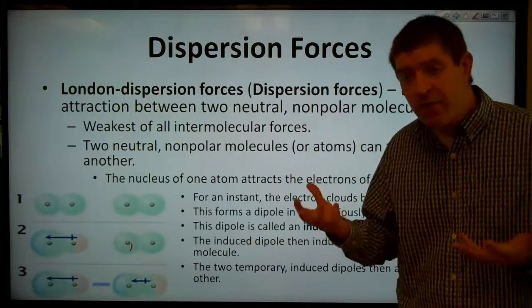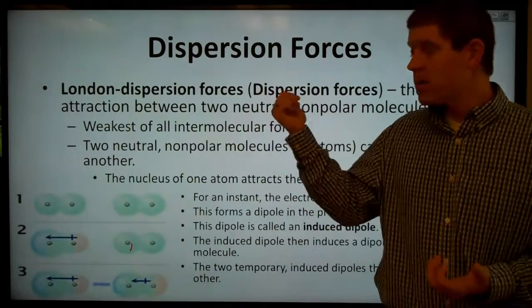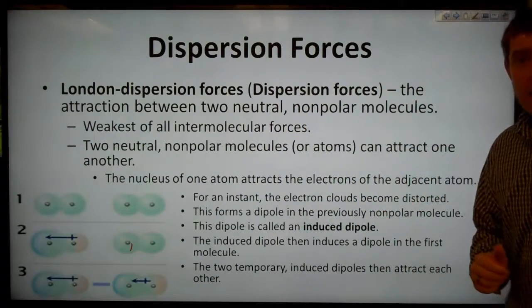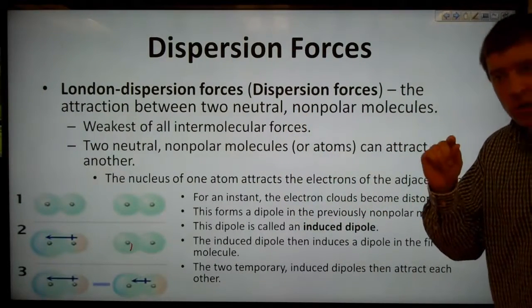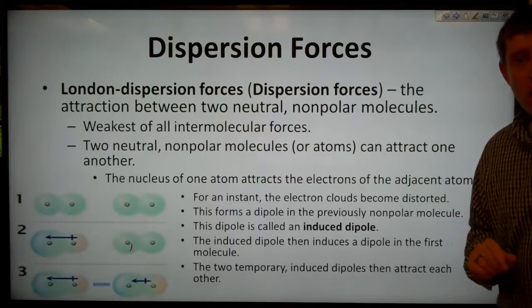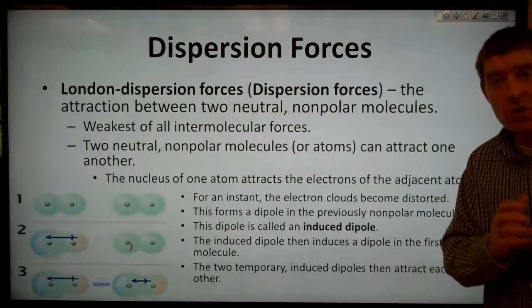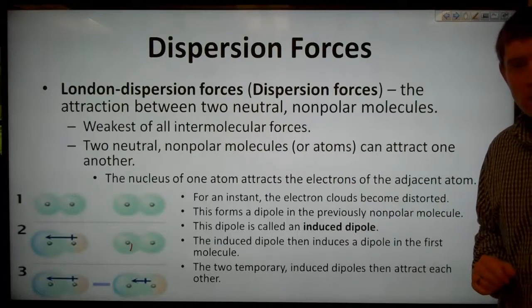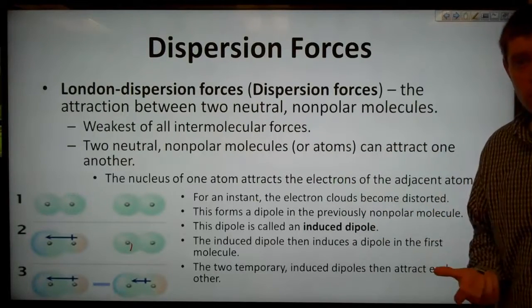So that means that every molecule can have dispersion forces. They can all attract one another, even if they're not charged, because for just a split second, you create an instantaneous dipole, that then influences the dipole to form in the other molecule, and now those two dipoles will attract each other, just like dipole-dipole interactions will.